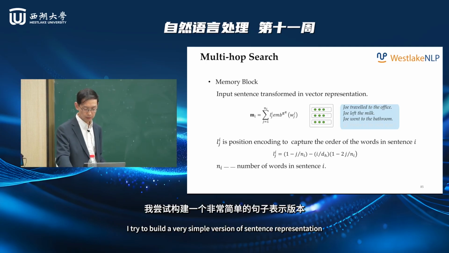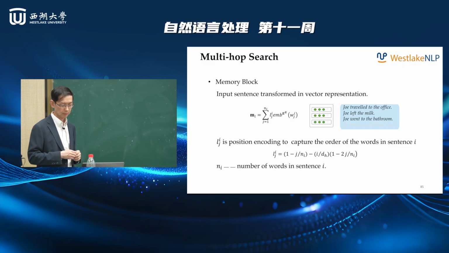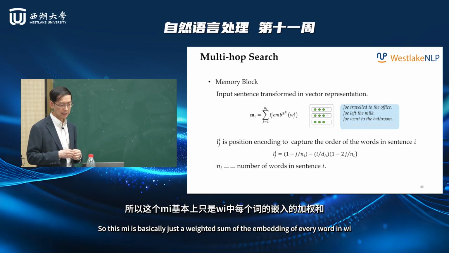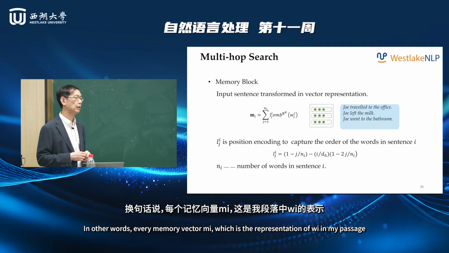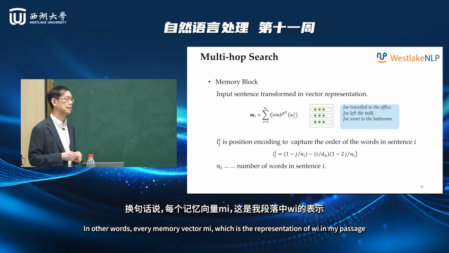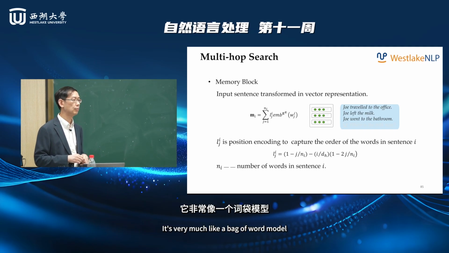I try to build a very simple version of sentence representation. So this MI is basically just a weighted sum of the embedding of every word in WI. In other words, every memory vector MI, which is the representation of WI in my passage, is very much like a bag of word model.